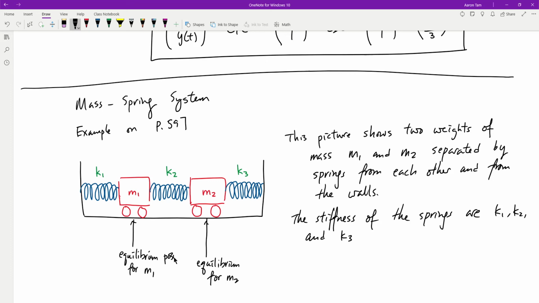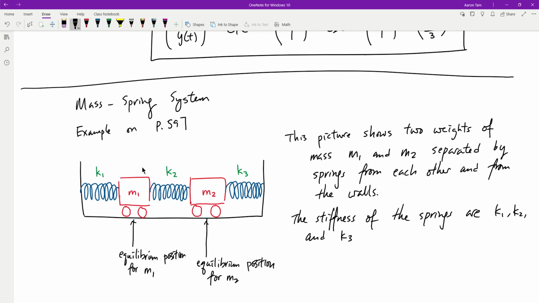So if they are at an equilibrium position, none of the springs actually exert any force on the system. But if either of these two masses moves out of the equilibrium position, now the spring would exert some kind of force to restore it back into the equilibrium position.